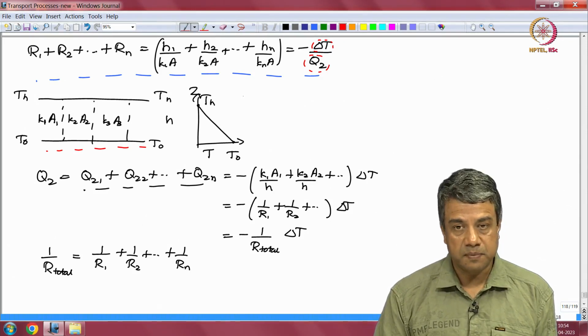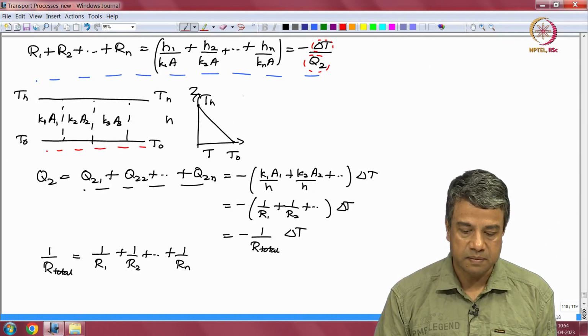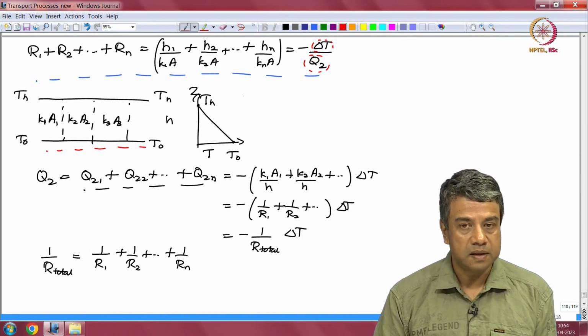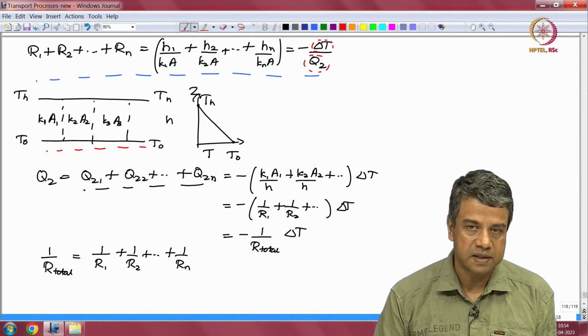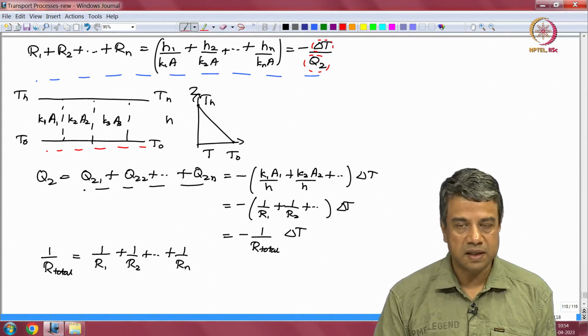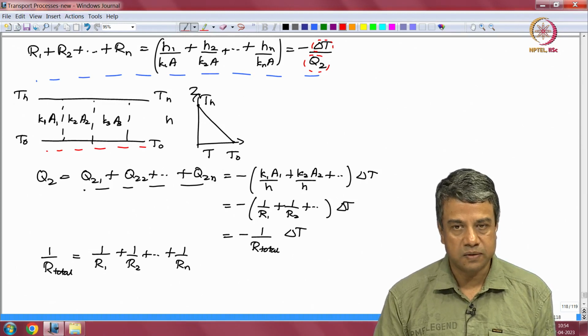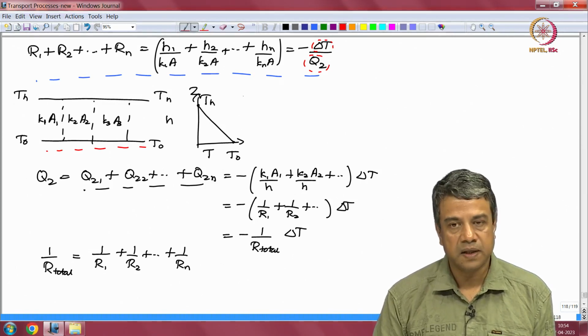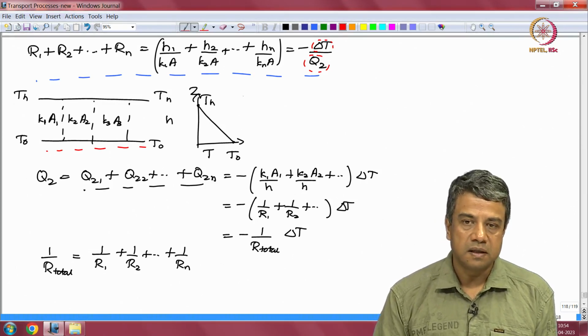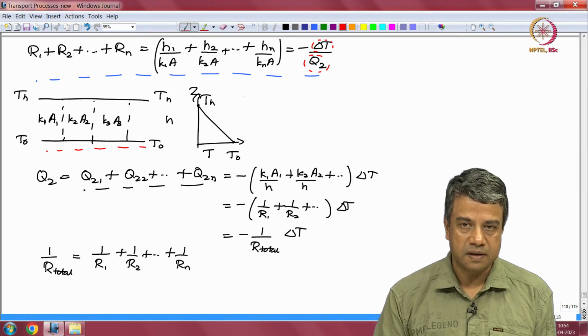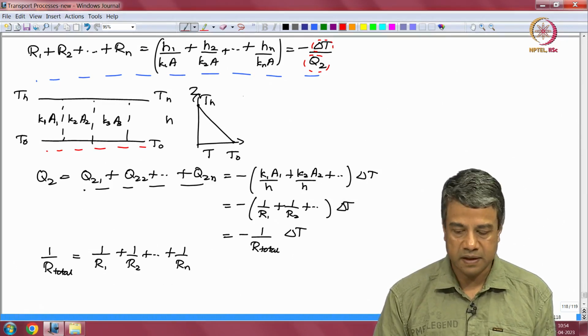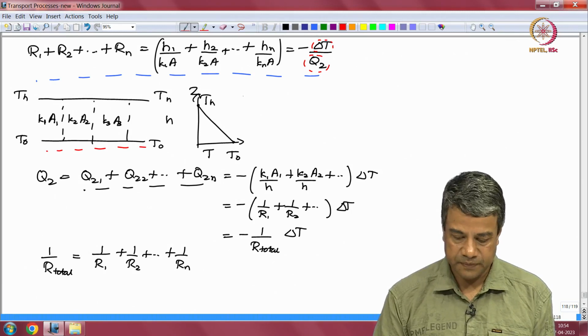The difference in temperature is the same across each slab. What that means is that the temperature profile is the same, because the temperature at the top and bottom is fixed, and there is only one straight line that can connect those two. So, that is the temperature profile. That is fixed. The transfer rate is different, because the thermal conductivity and the areas of each are different.